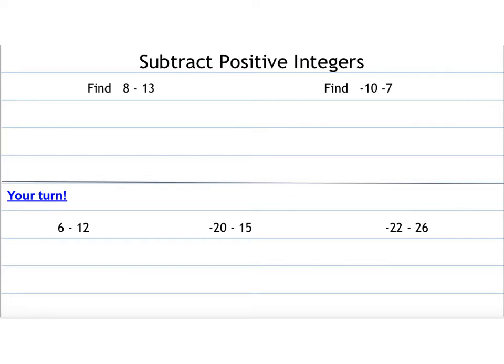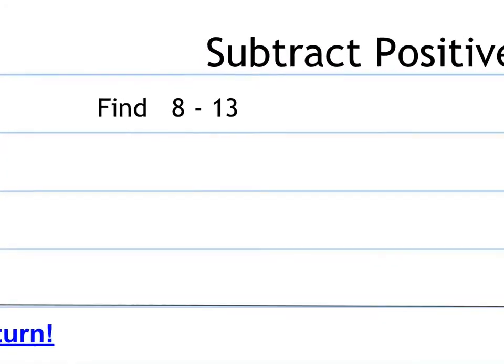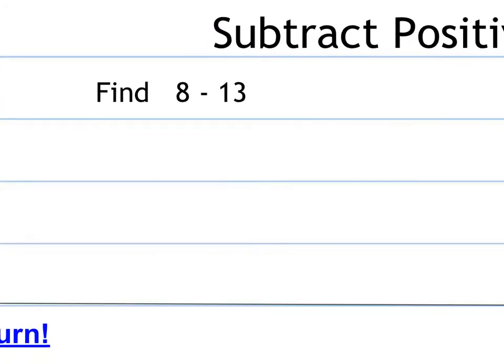So for all of the problems, we're going to turn them into addition, and then we're going to take the opposite of the second number and then follow our addition rules. So we have 8 minus 13. Okay, I'm going to zoom in on this one. So what we're going to do is we're going to make the subtraction a positive. So now we're adding, and in order to do that, we have to do the opposite.